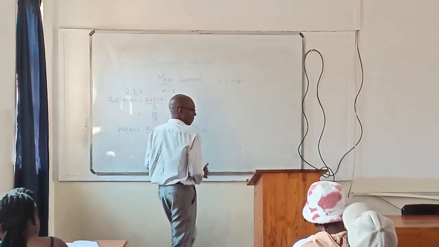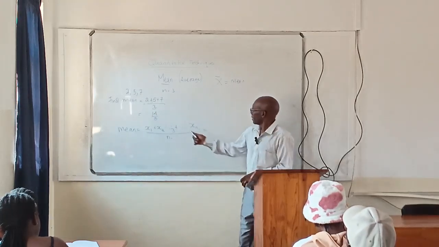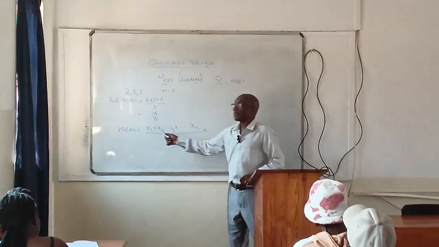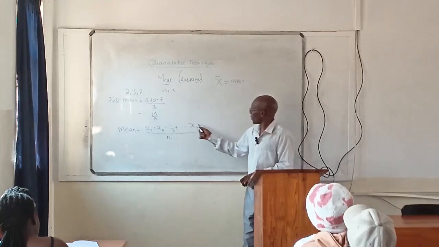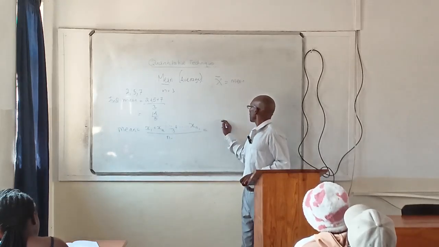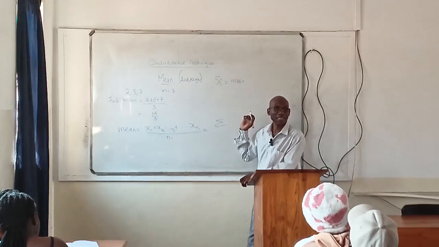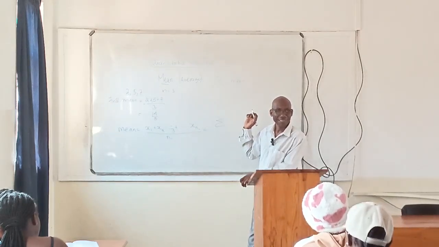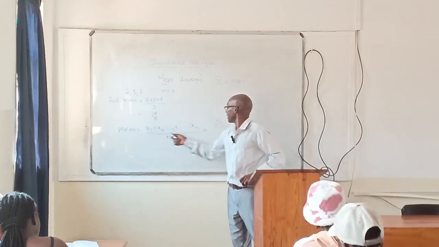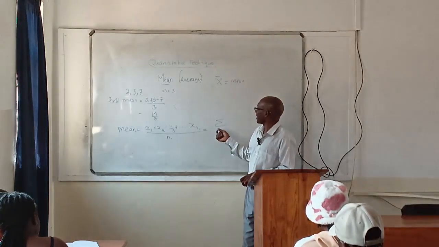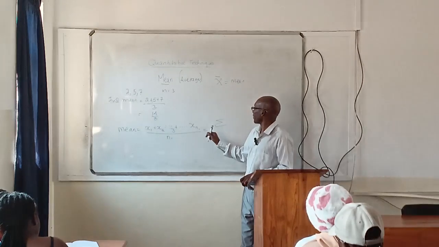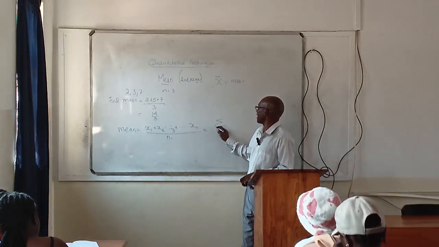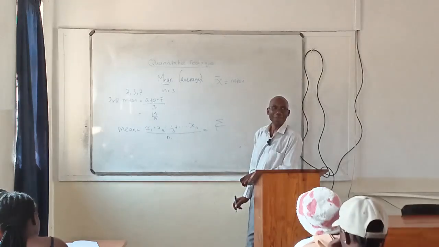Here, what we are doing is adding. This symbol means we are adding. It's a Greek word, summation. We are adding numbers, and our numbers are i.